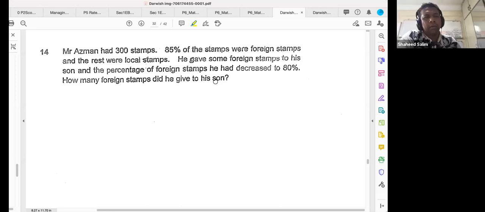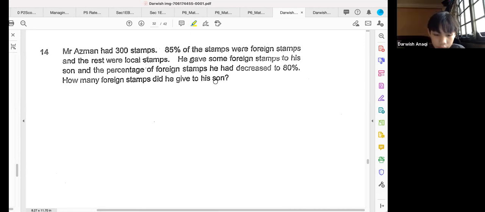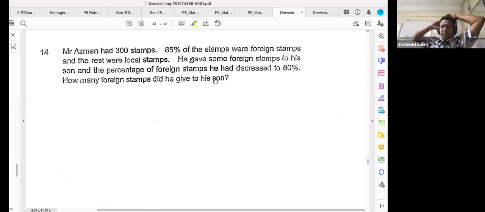Did the number of local stamps decrease? No, right? But the number of foreign stamps increase. So you can actually find.